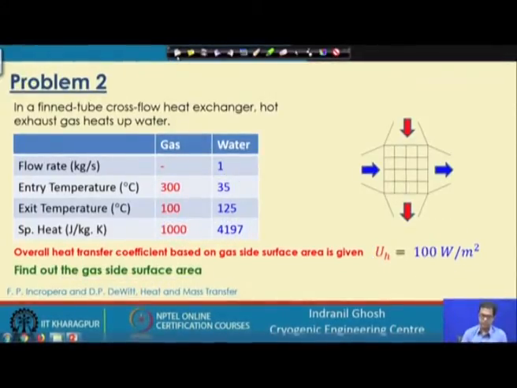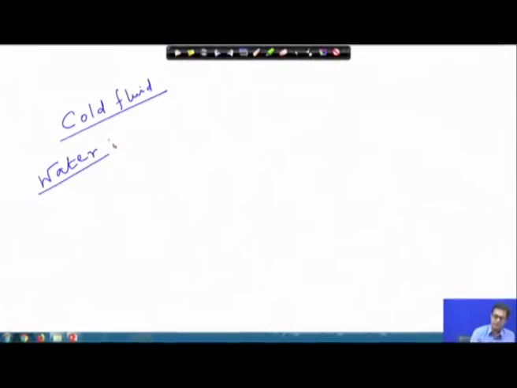So, for this problem, let us see how we can proceed. First of all, if we look at the cold fluid, what is the cold fluid? The cold fluid is water. Water is the cold fluid and its properties are known. The flow rate is also known. What is the flow rate? mC dot is equal to 1 kg per second.